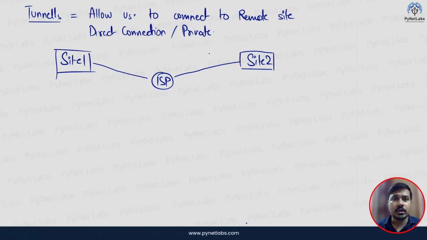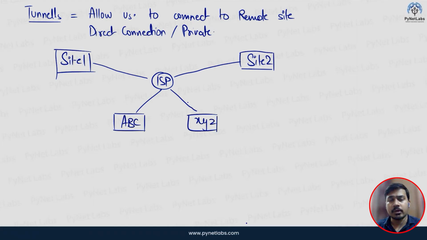But as you know, an ISP is kind of like a public source, so there are high chances that some other organization, let's say ABC or XYZ, might also be using this very same ISP. Once the ISP is shared by multiple entities, there are high chances that your data confidentiality might suffer. Someone might try to intercept your data.